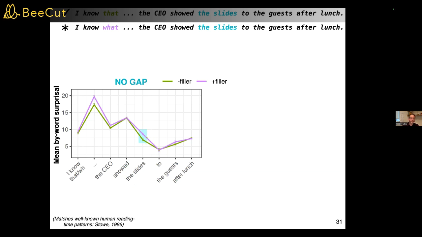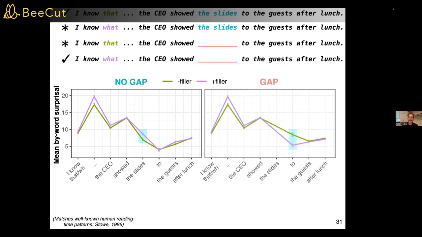That's one piece of evidence suggesting that the model expects a gap at that location. It's not complete evidence, but it's one piece of evidence. And this, it turns out, empirically matches a classic pattern known to exist in reading times. It's called the filled gap effect. When you expect a gap and you don't get one, then you're surprised and reading times are inflated.